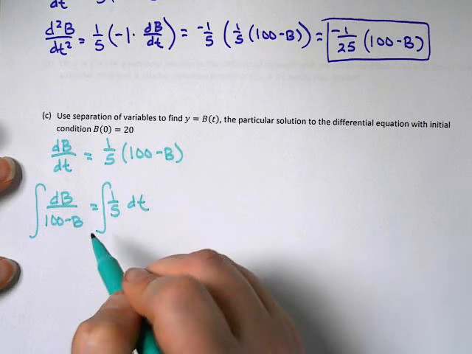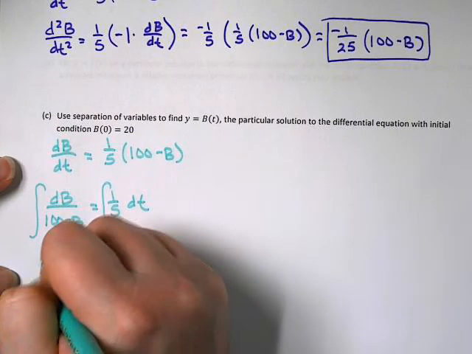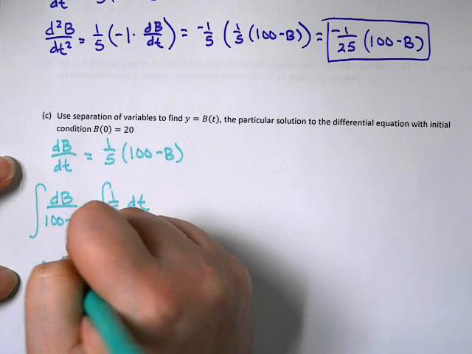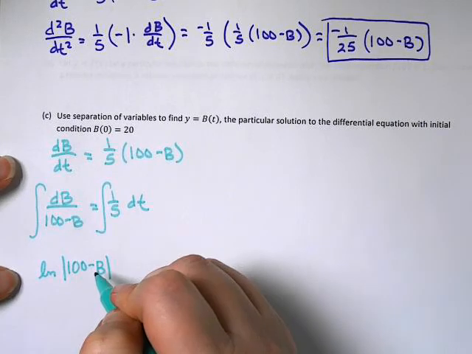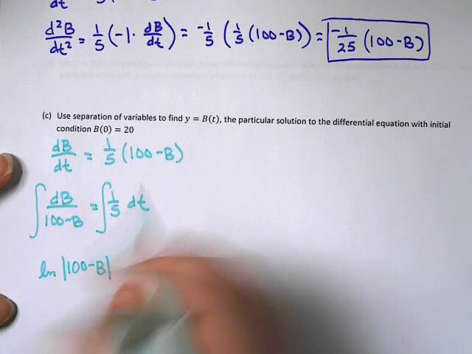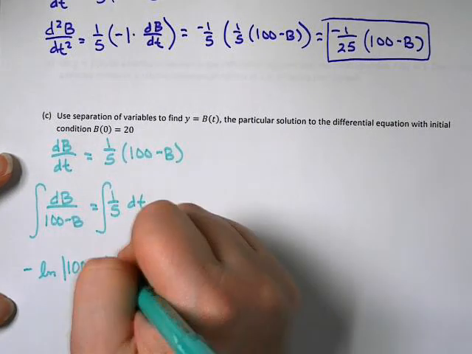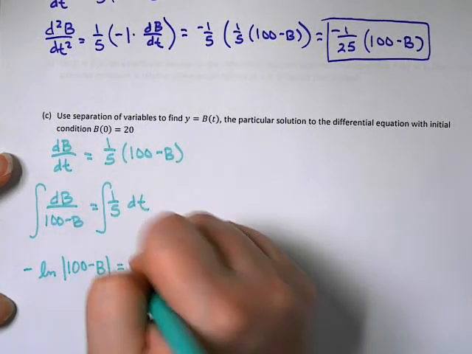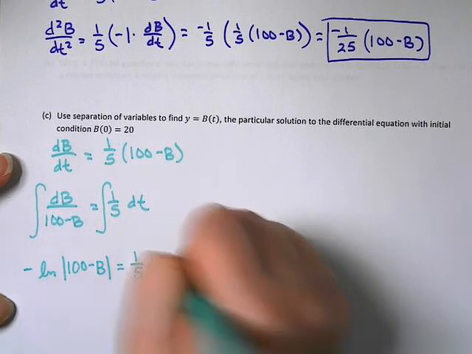And we know that the antiderivative of dB over 100 minus b is the natural log of the absolute value of 100 minus b. And we know that because of chain rule, it should be negative. So because it's not, we're going to need to put that negative sign in front. And then the antiderivative of 1/5 would be 1/5 t plus c.